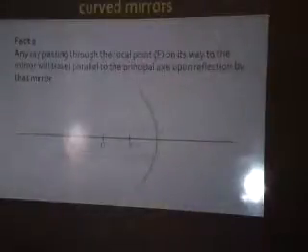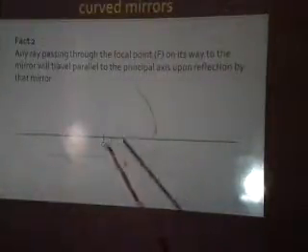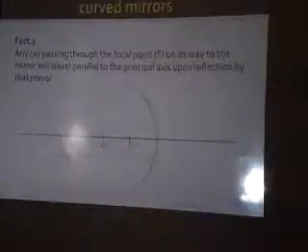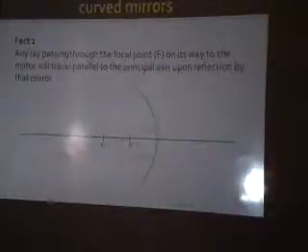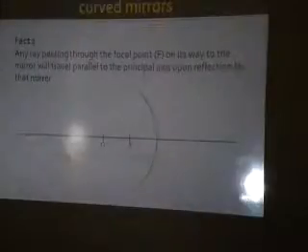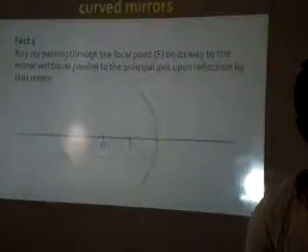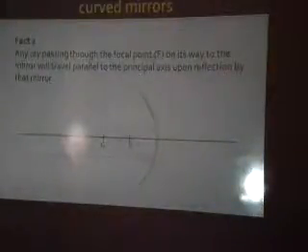So fact 2 states that any ray that passes through the principal focus, or the focal point, will travel parallel to the principal axis upon being reflected by the mirror. Let's take note that all these types of reflection follow the laws of reflection.